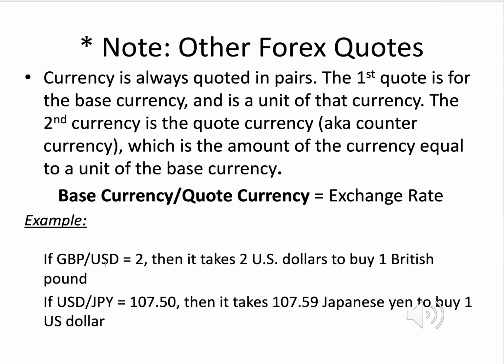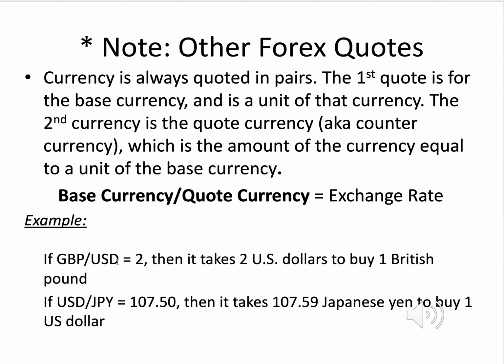The first one they call the base currency. I'm sorry, it's not per USD, it's versus USD. USD is the quoted currency. So if British pound versus USD equals 2, that means 2 USD per British pound.